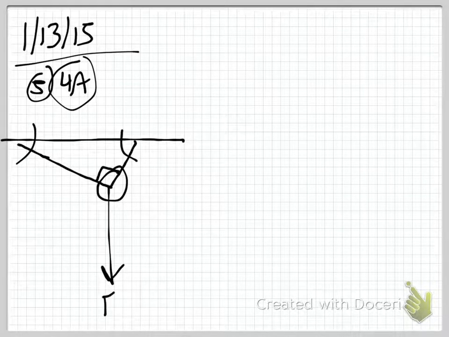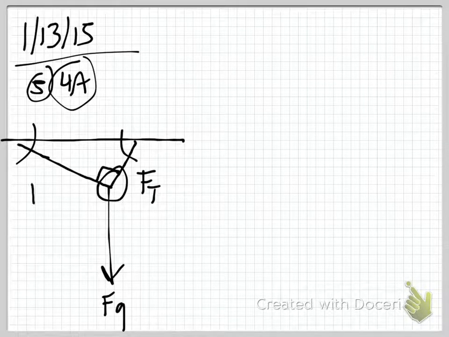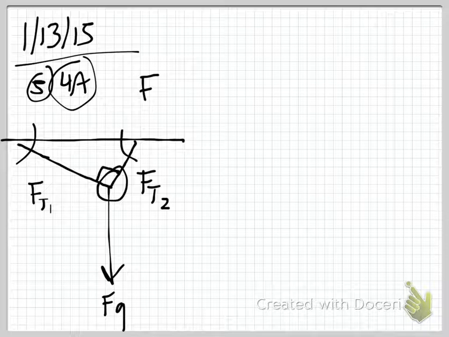We know that there is also a force of gravity down on Zorba. We know that force of tension 1 and force of tension 2 have a relationship where, the way I've drawn this, which one is F of T?